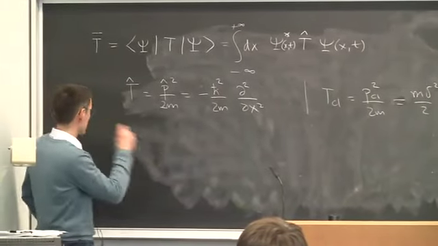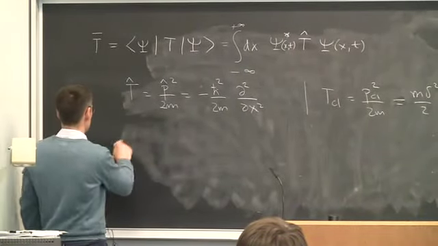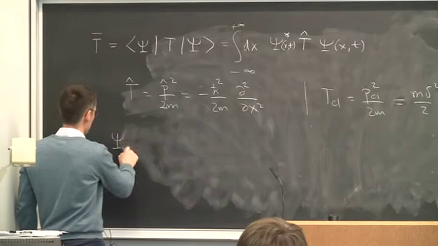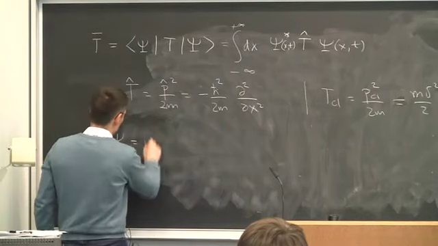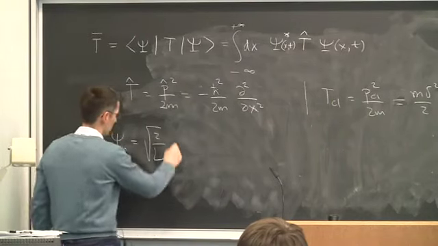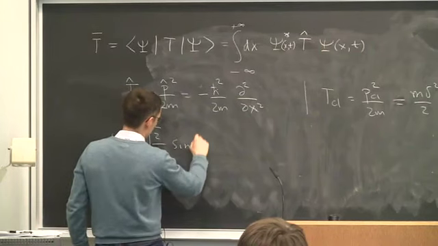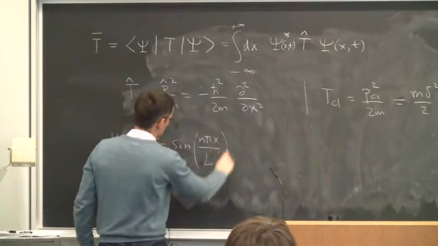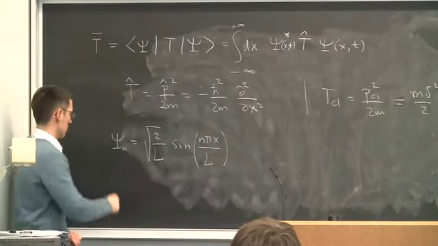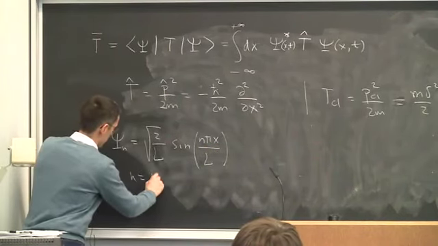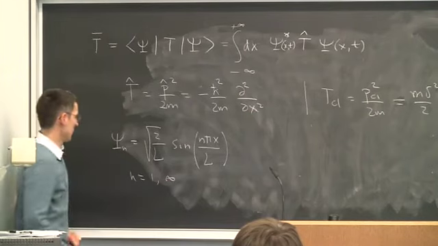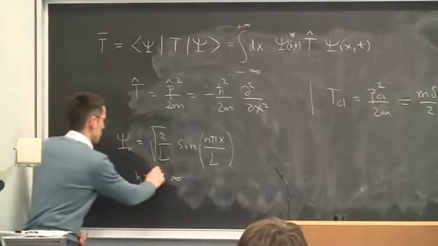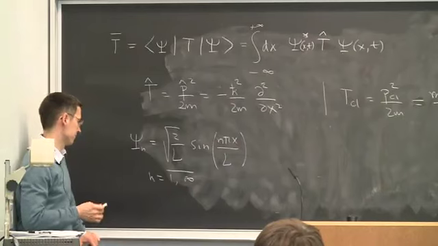Now, for a particle in the box, we found that the function is square root of 2 divided by L sine of n pi x divided by L, right? So that was the particle in the box function, where n is any number from the range 1 to infinity.